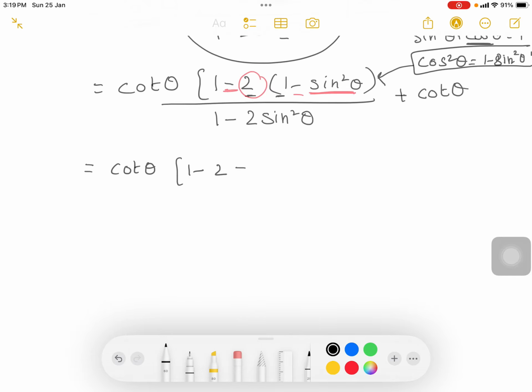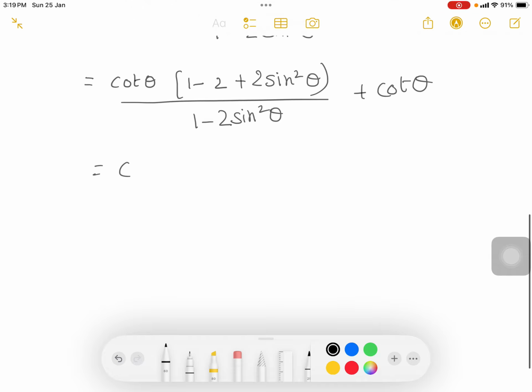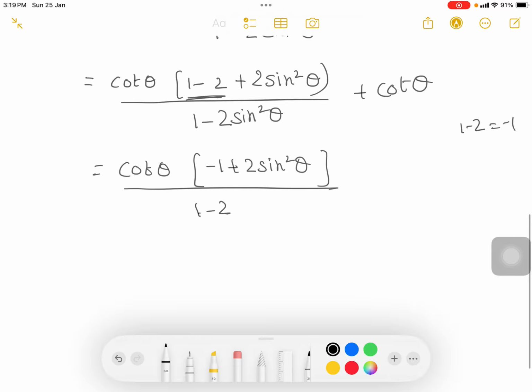So minus will become plus. 2 into sin square theta will give you 2 sin square theta upon 1 minus 2 sin square theta plus cot theta as it is. Okay, let's move further. Cot theta, 1 minus 2 will give you minus 1. So this will be minus 1 plus 2 sin square theta upon 1 minus 2 sin square theta plus cot theta.